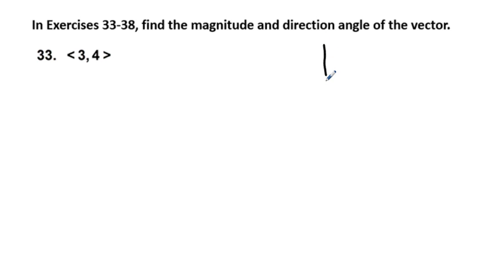I'm just sketching an XY coordinate plane. And we have the vector <3, 4>: 1, 2, 3 to the right, and 4 up. And so we have this point over here at (3, 4), and our vector is an arrow in this shape.